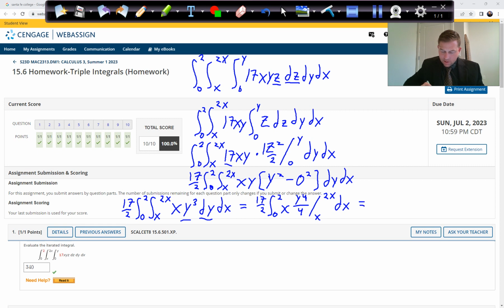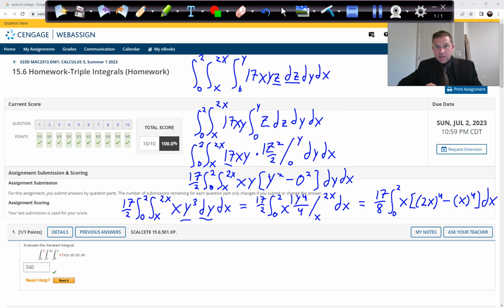So this is going to give us, I'm going to factor the 1/4 out, so we're going to get 17 over 8, 0 to 2, x times (2x) to the fourth minus x to the fourth, and then that's going to be dx. And notice everything is in terms of x now, as it should be.